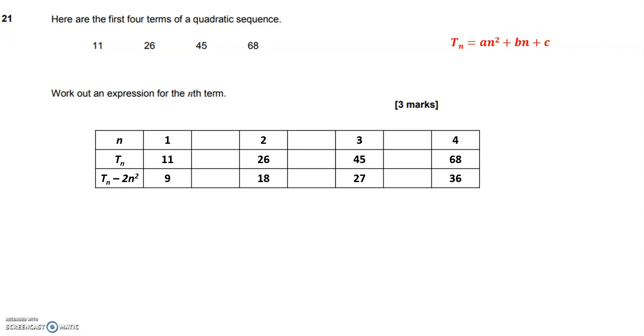In the second column, I need to work out 2 times 2 squared, well that would be 8, and take that away from 26, that gives me 18, and so on. And it's this residue here, 9, 18, 27, 36, I've got to find a formula for that, and that must be a linear sequence. It goes up or down by the same amount every time. It does, it goes up by 9 every time.